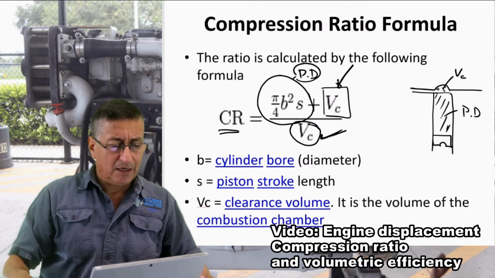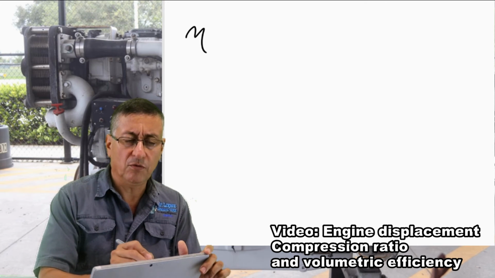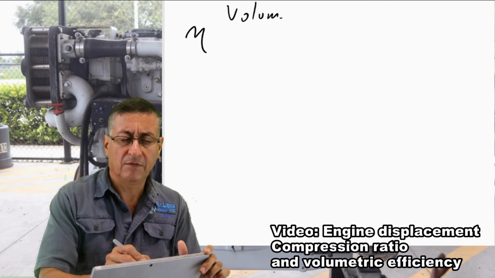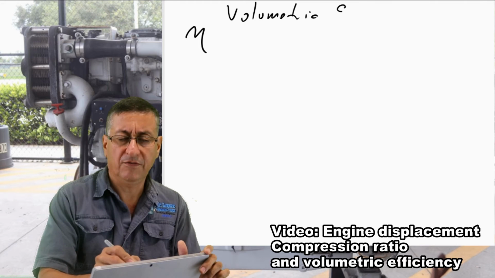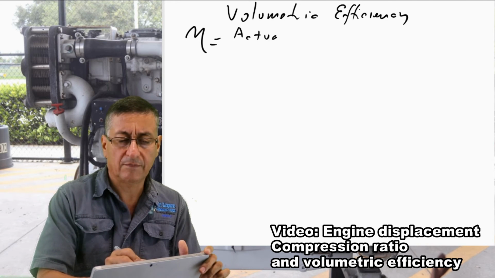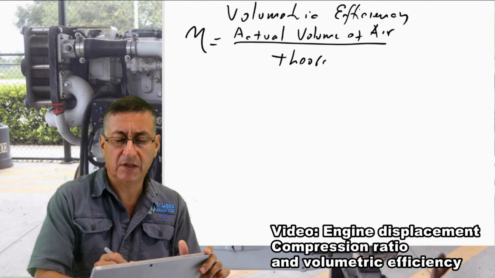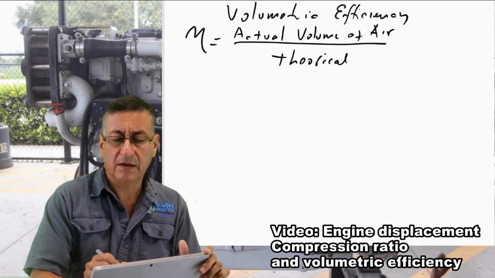Let me check that. If you have this slide, we are going to talk about volumetric efficiency. What is the meaning of volumetric efficiency? It is the actual volume of air divided by the theoretical volume of air.